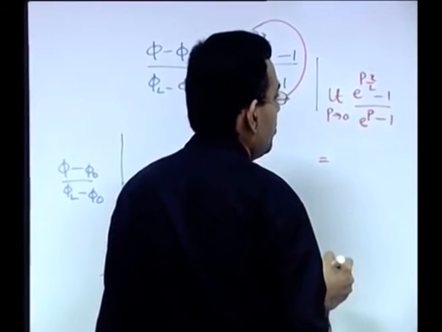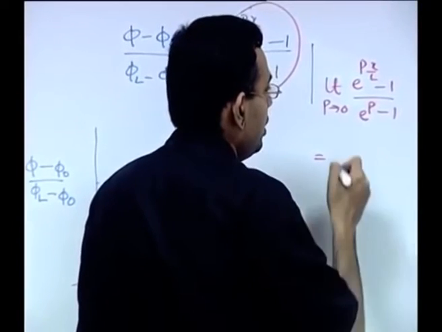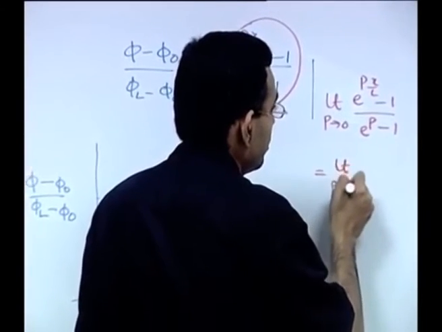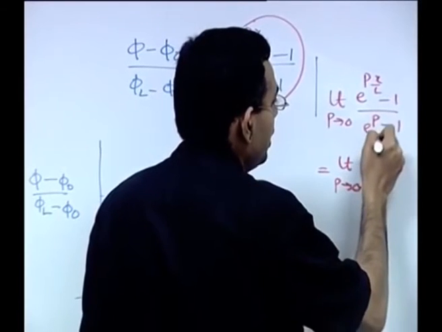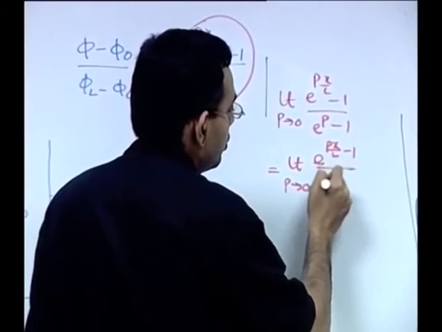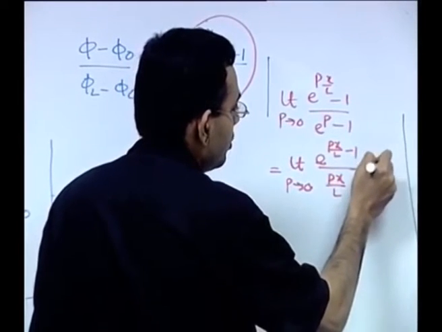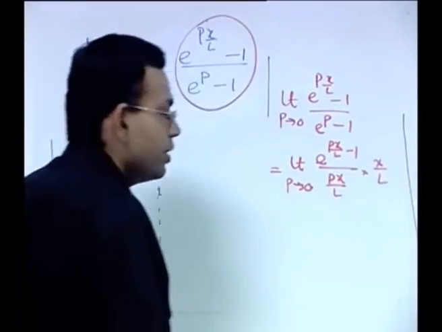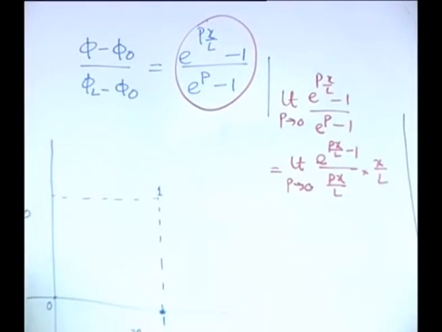You can multiply both numerator and denominator by p, or px by L to be specific, because (e to the power x minus 1) by x in the limit as x tends to 0 is 1.